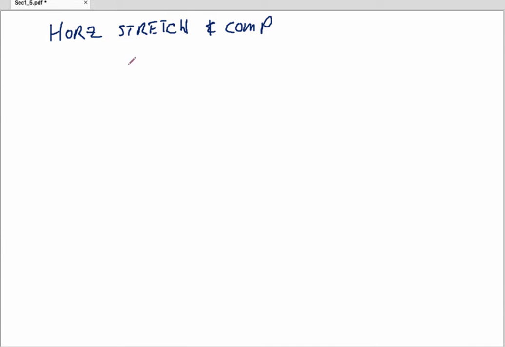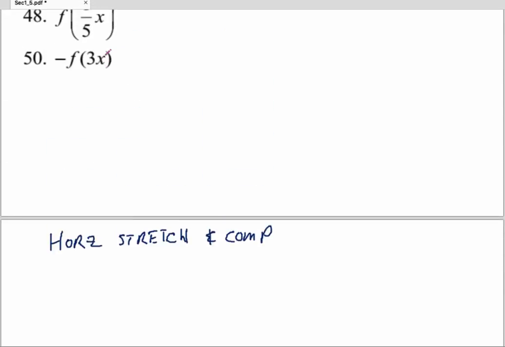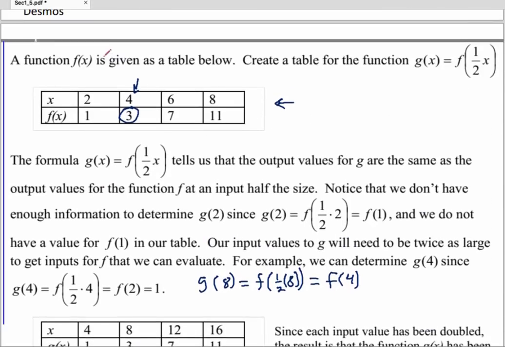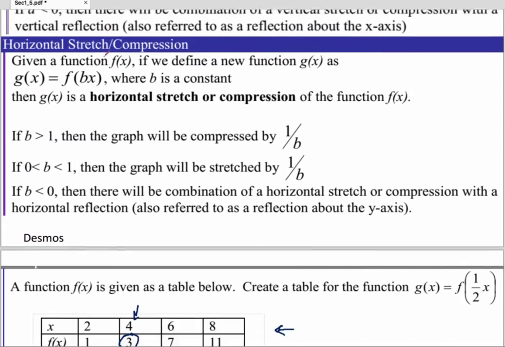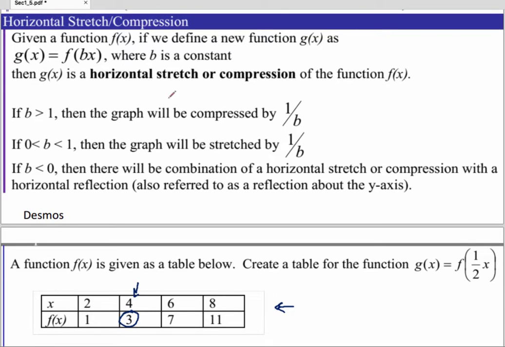Okay, so horizontal stretch or compression. What we know so far is, let's scroll back up to the box here for just a moment. There we go, where we're looking at g of x is equal to f of bx, where b is a constant. If b is greater than 1, then it is compressed by 1 over b.